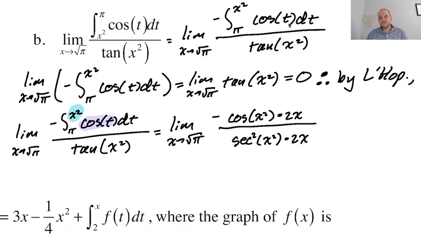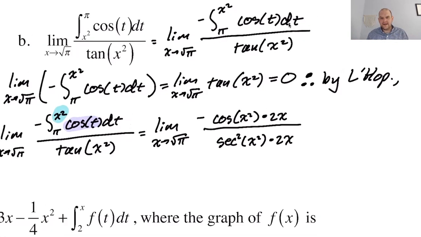That's nice because those cancel out. Actually, we got a lot going on here. So let's simplify the limit as x approaches radical pi. The two x's are going to cancel. That was nice. 1 over secant of a thing is the cosine of that thing.